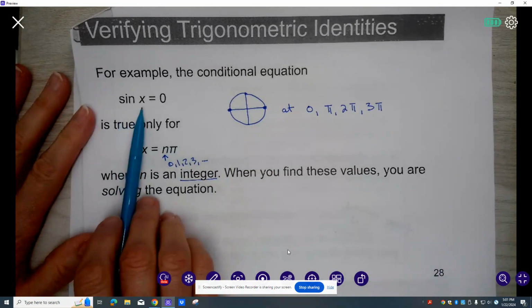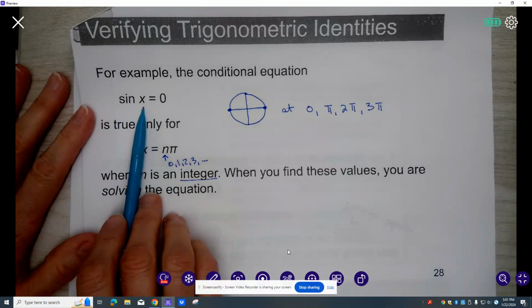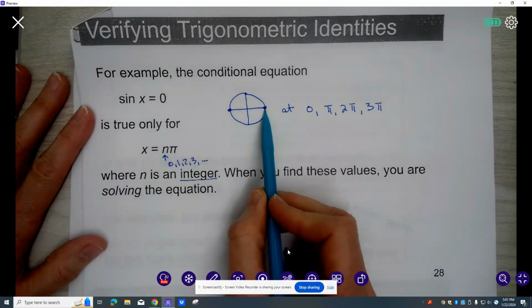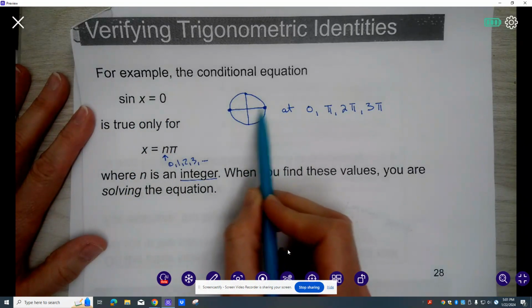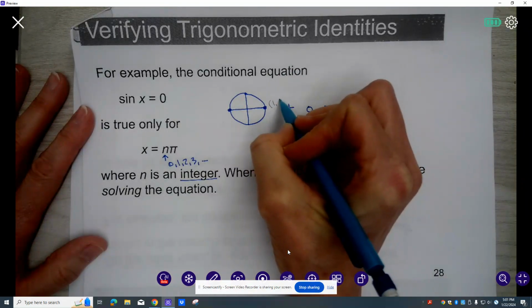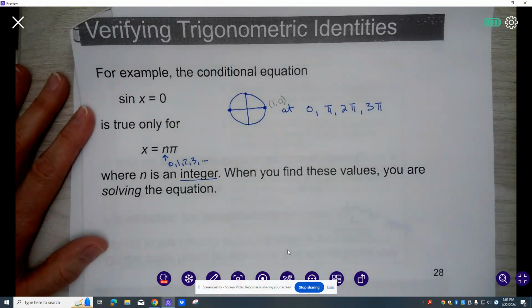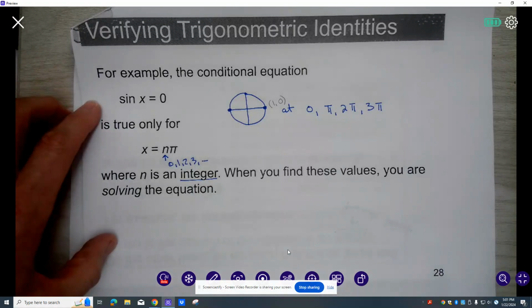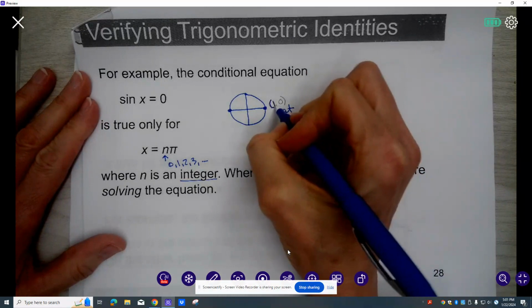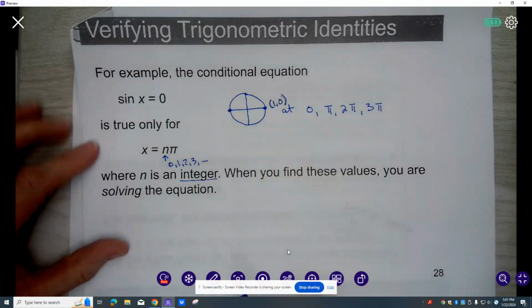So for example, this is asking for what angle does the sine of that angle equal 0. So we know that's here at the angle 0 because this point right here is over 1, up 0. So the sine is, looks like I need a darker pencil. I'm going to switch to my pen here. So the sine is 0.